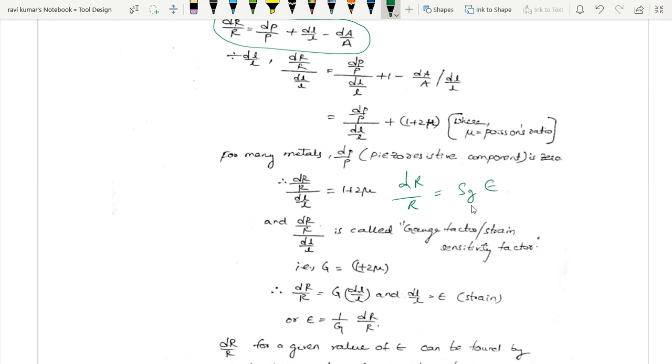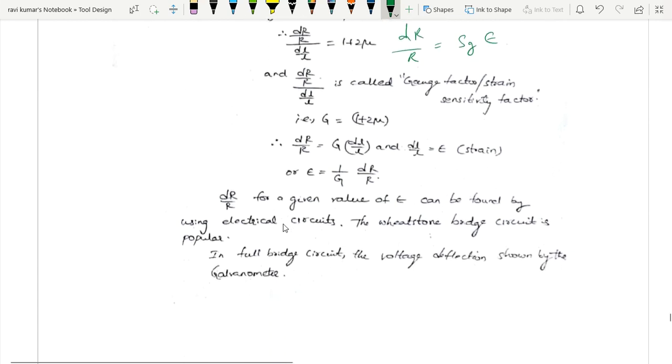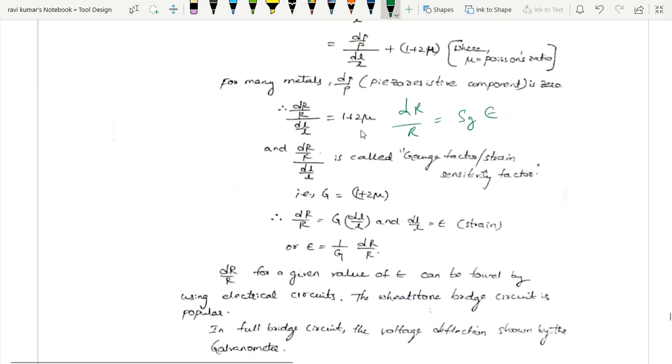So Sg is nothing but the gauge factor, epsilon is nothing but the strain. Now what shall I do is, I shall measure the value of dR by R by connecting this as a part of a Wheatstone bridge or such type of circuit.